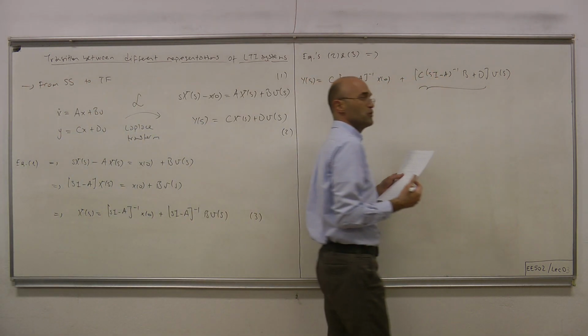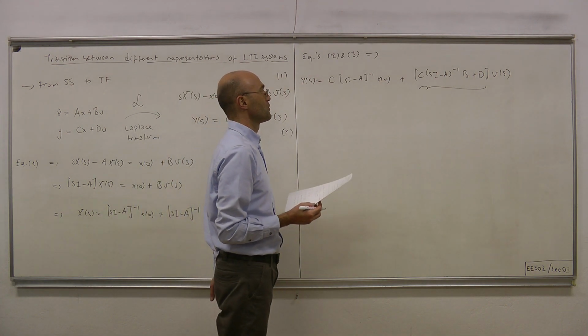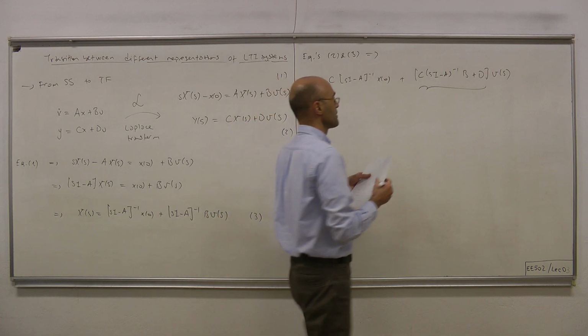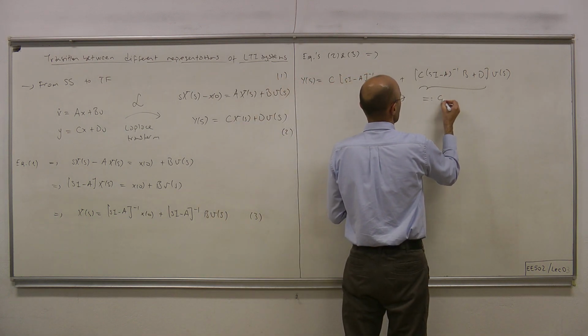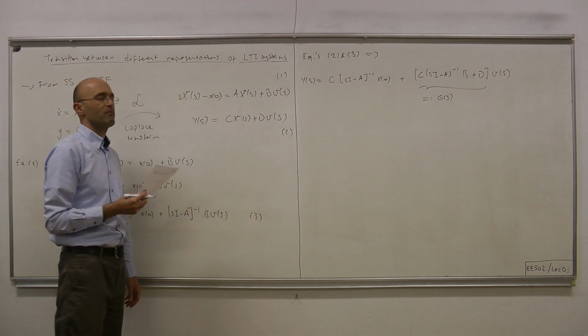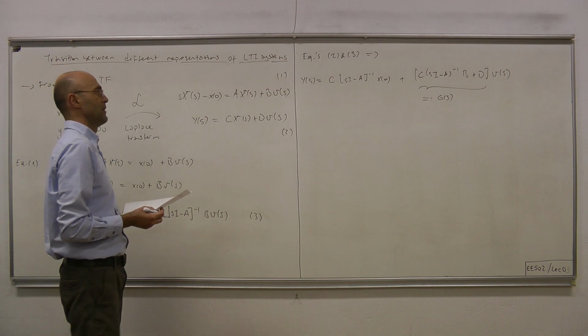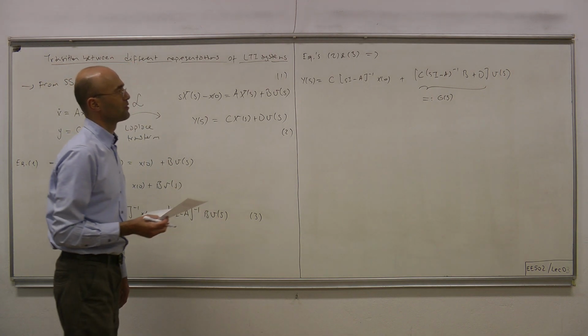This object that appeared here is what we call the transfer function of the system. By definition, this is our transfer function. Usually, transfer functions are shown by G or H, but clearly it doesn't matter which letter you choose to show it with.